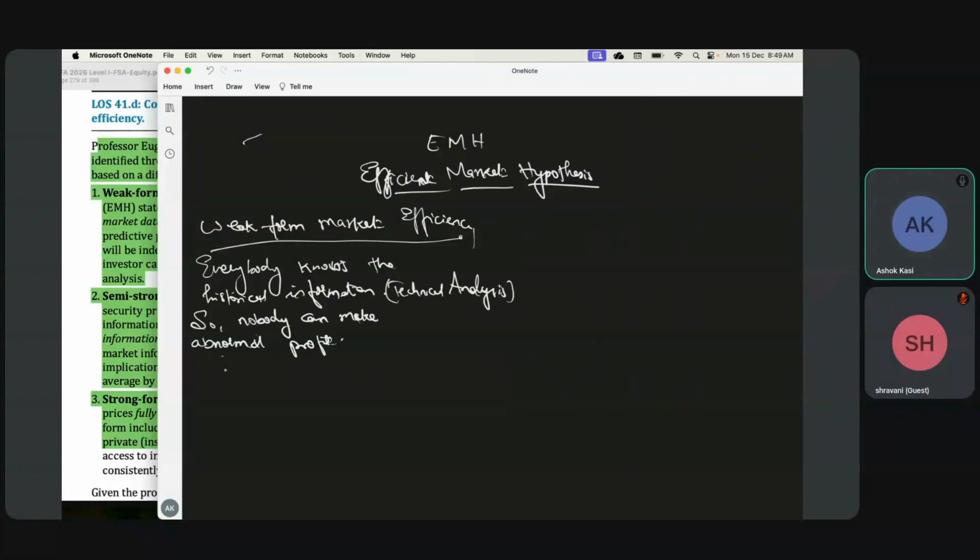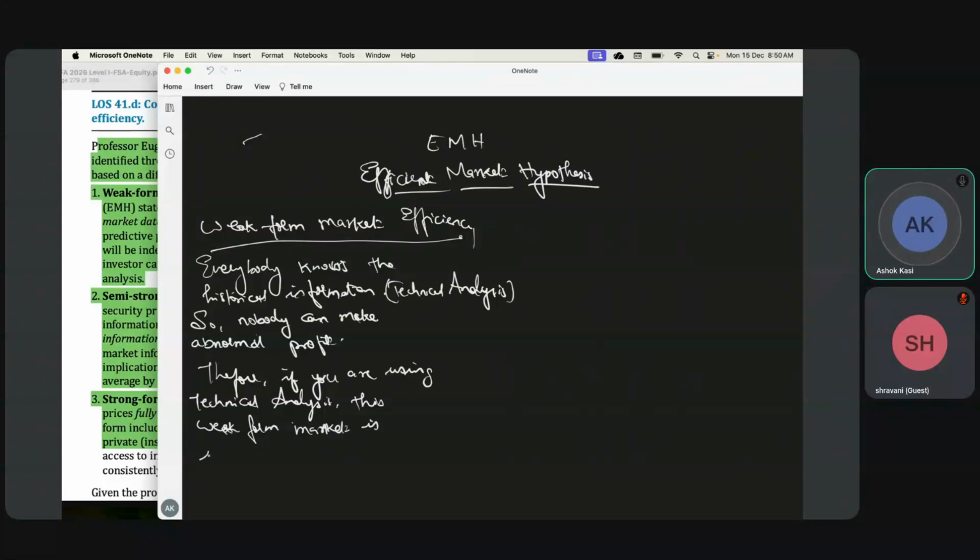So if you are using technical analysis, this weak form market is inefficient for you.